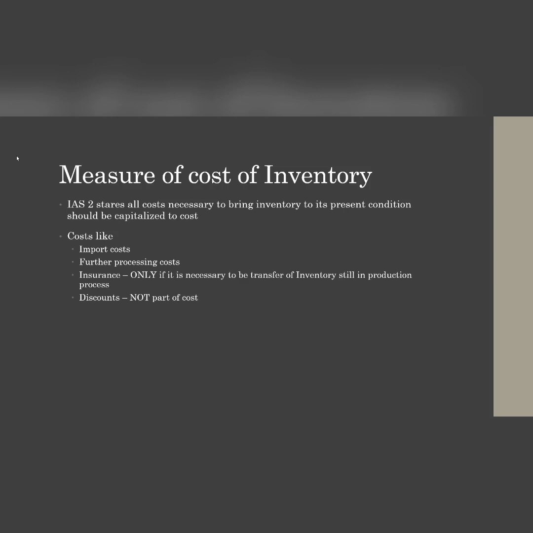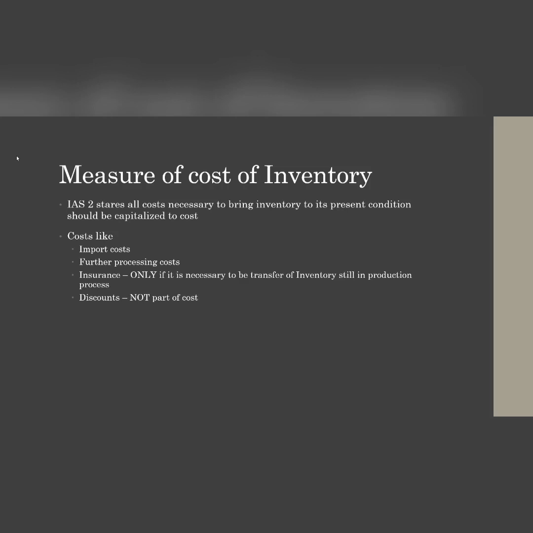Examples of costs that we would capitalize are import costs, if we import. Further processing costs, for example, a coconut that we sell as coconut water. We have to first clean the coconut, crack it, get the water, and process the water. Those costs should be capitalized as they are part of making our inventory.